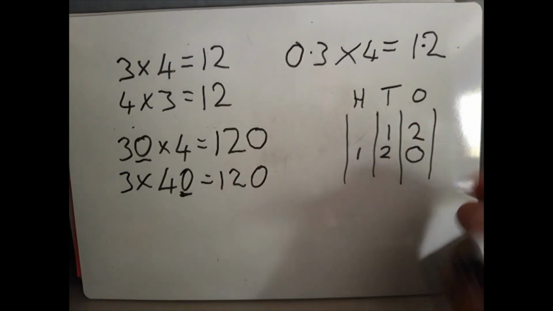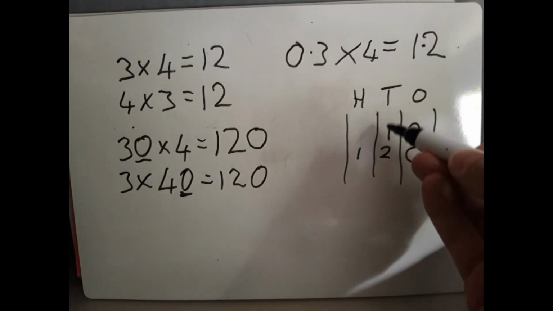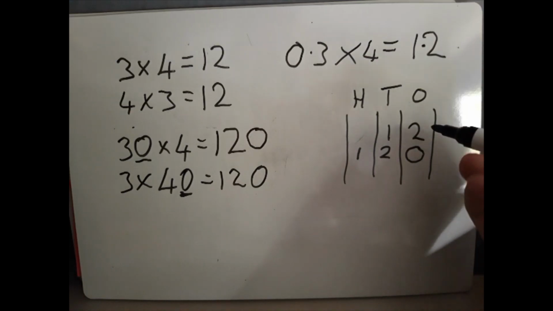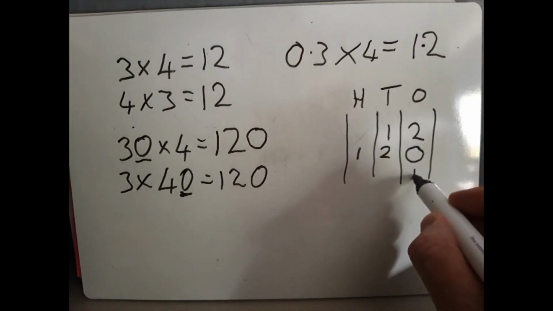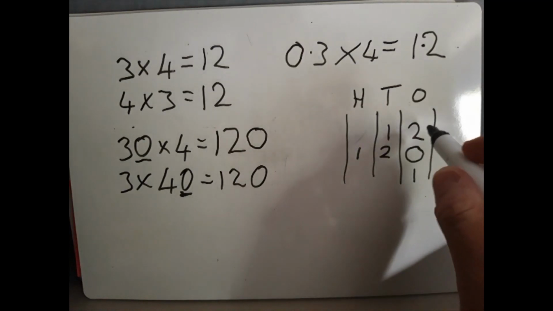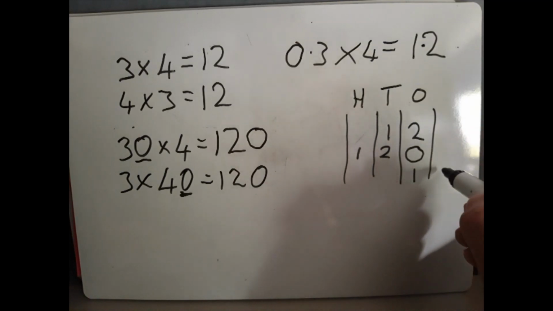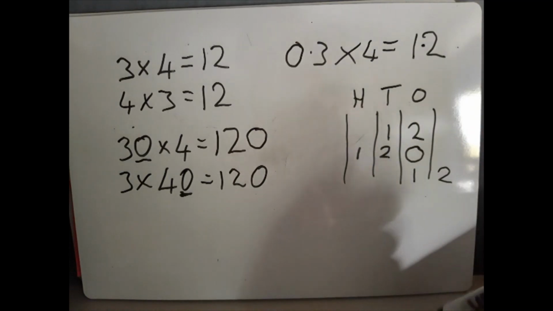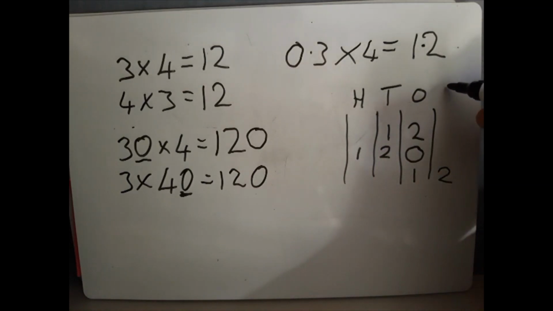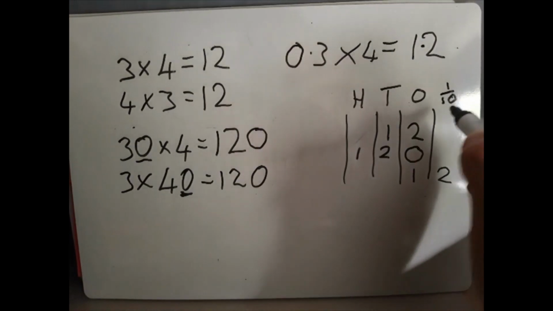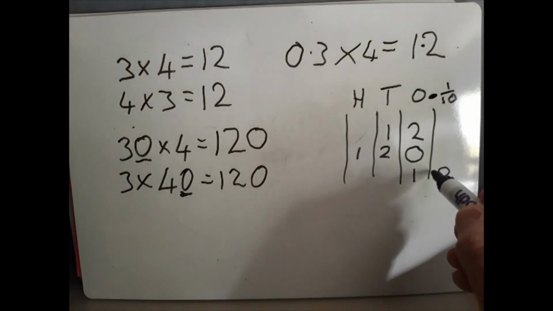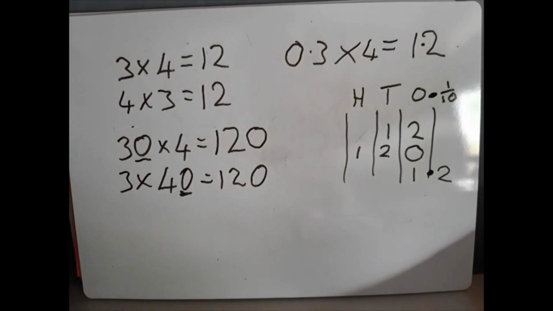But if we are making it 10 times smaller, our 1 ten and our 2 ones will move in the opposite direction. So our 1 ten will become 1 one, and our 2 ones will move into this next column here, which, you should know, is our tenths column. We always find our decimal point in between the ones column and the tenths column. So it's 1.2.